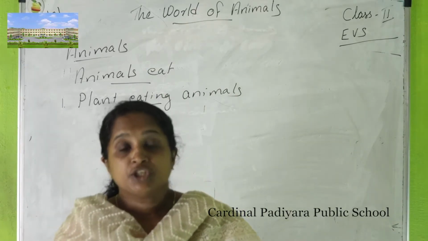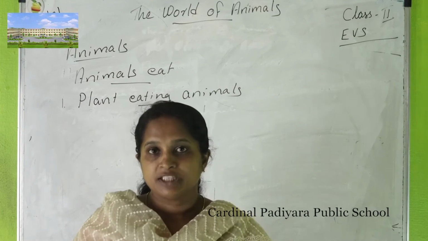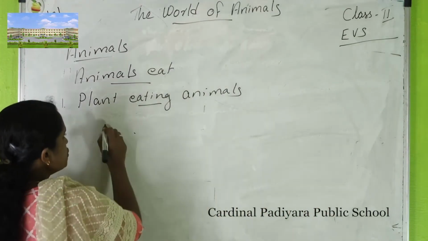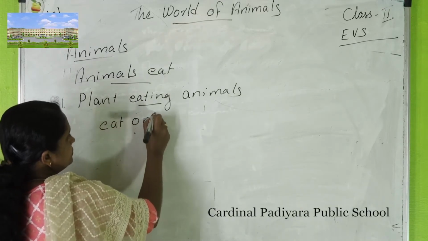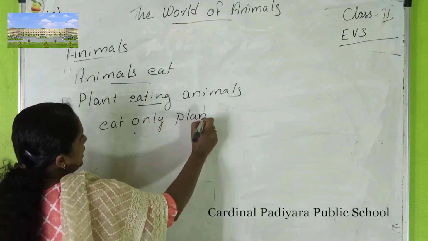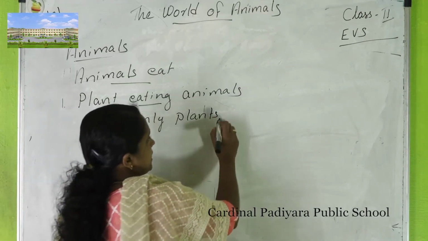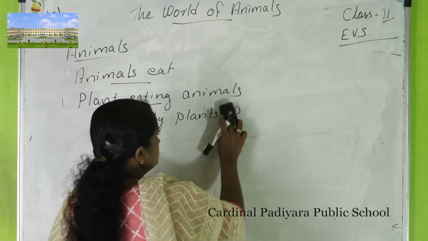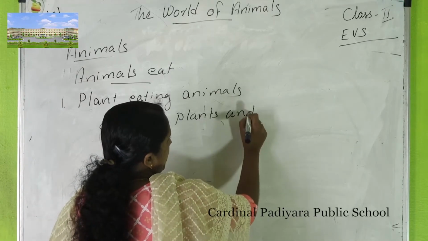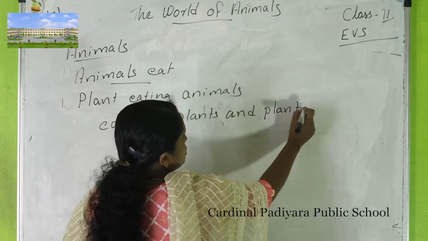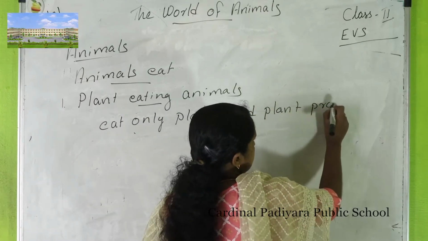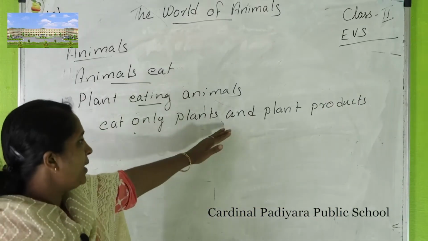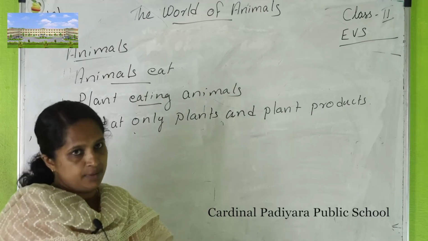Some animals eat only plants. They are called plant eating animals. They eat only plants and plant products. Animals that eat only plants and plant products are called plant eating animals.